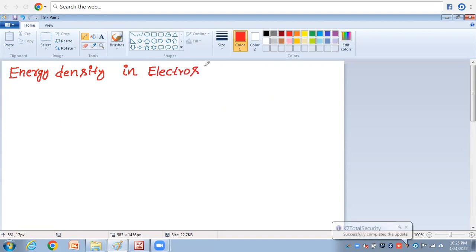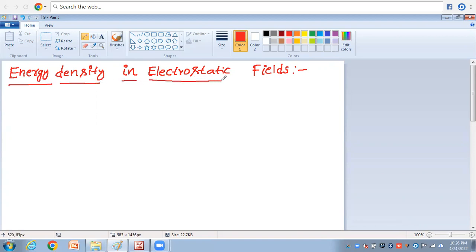Before going to this concept, first we concentrate on the work done in positioning different types of charges. Let us consider any three charges in this space.